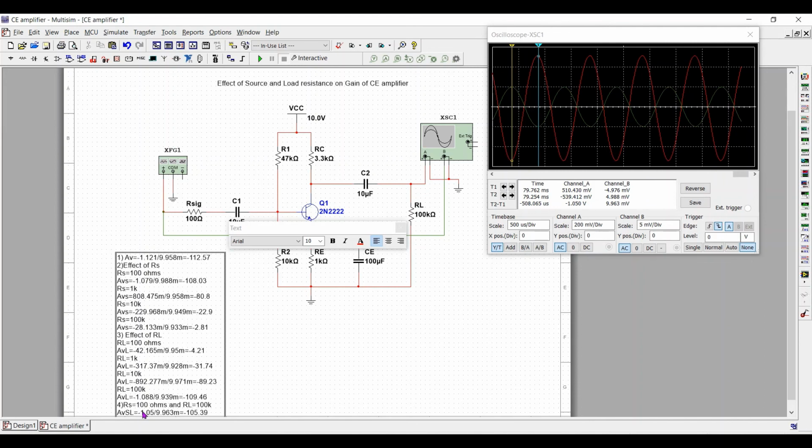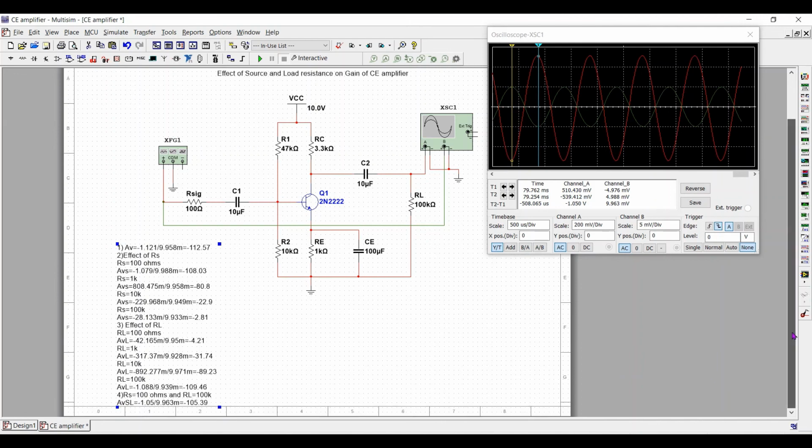So approximately we are getting the value in the range of 100. So there is less effect of Rs and RL if the Rs value is low and the RL value is very, very high.